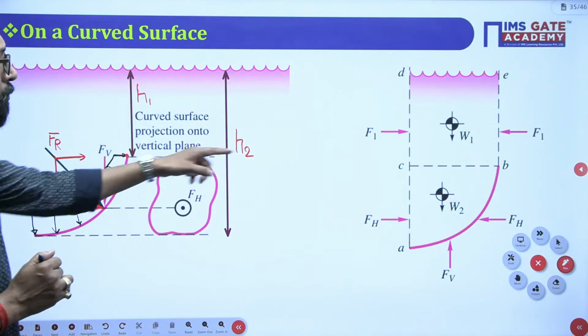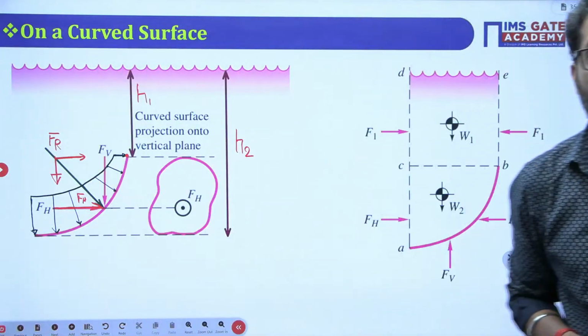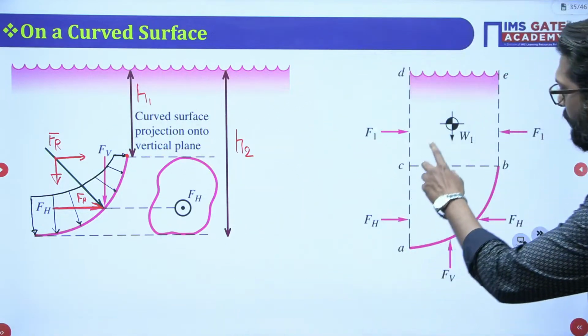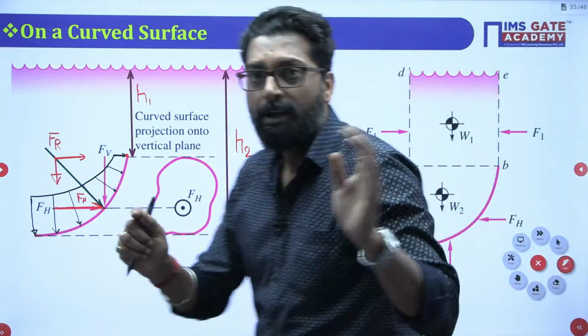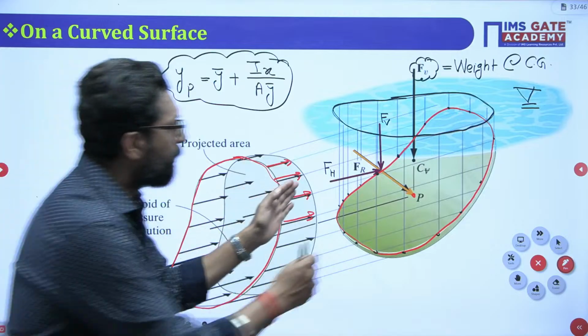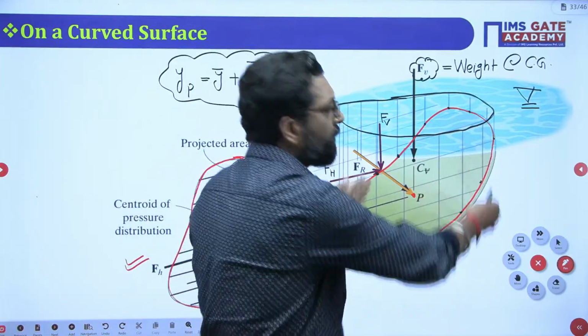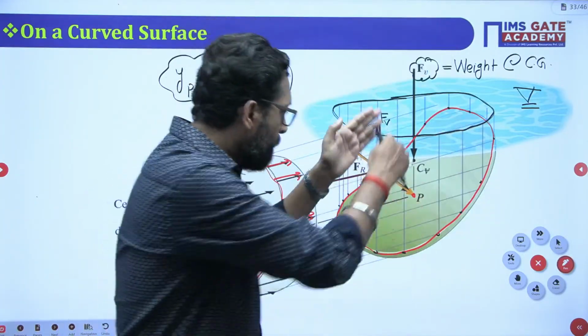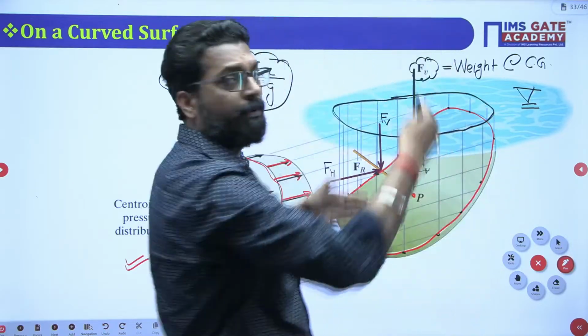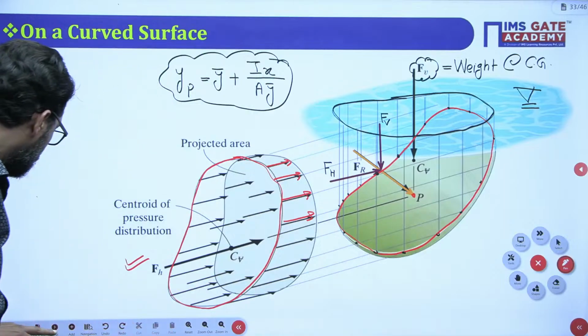Now, how to find the vertical force component, my dear? We already know that if you find the vertical component, you have to project this curved surface up to the free surface vertically.